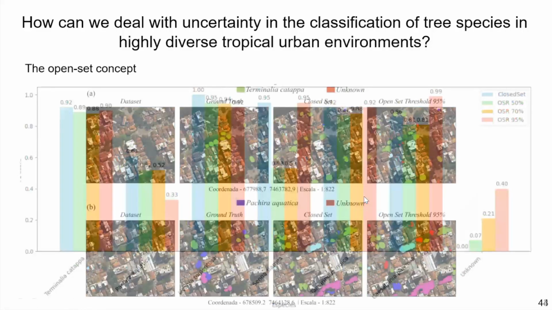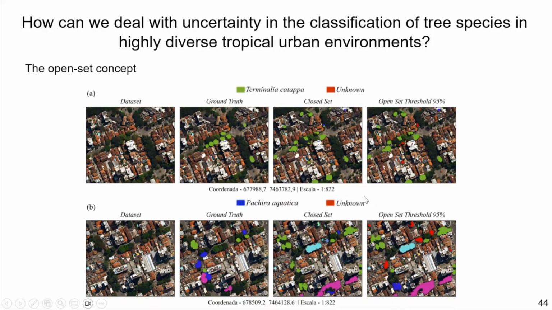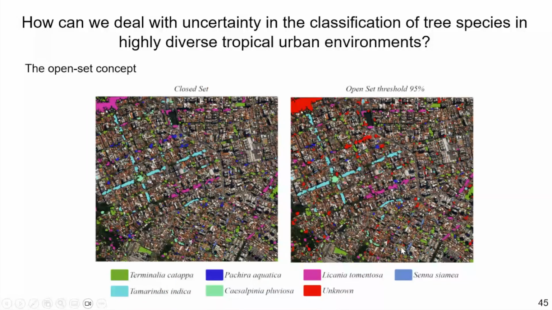And mainly, we have the possibility to map the trees for which we do not know the species exactly. And we can also produce this kind of map, in which we have inserted an unknown class.